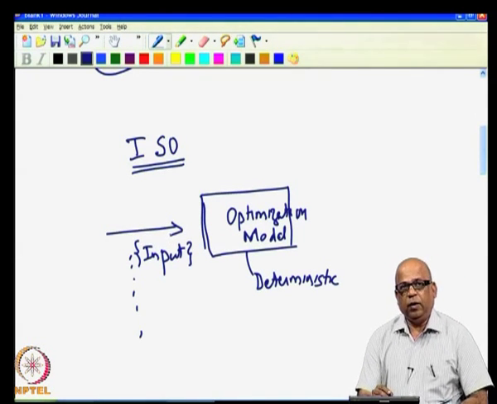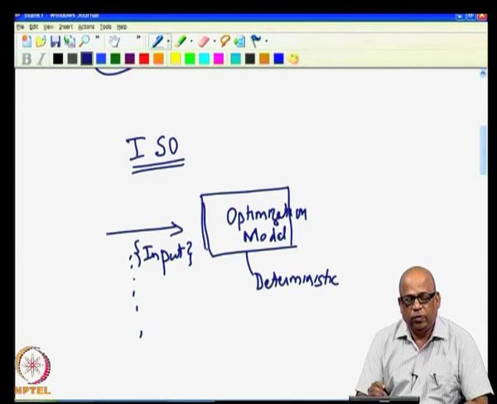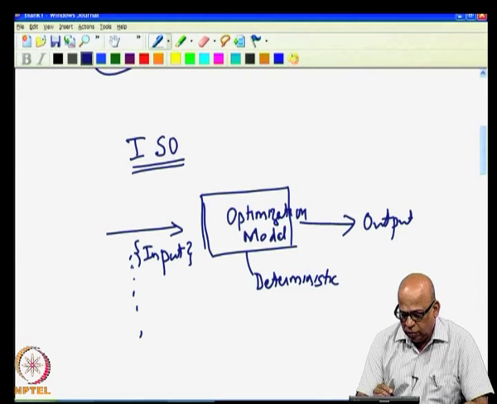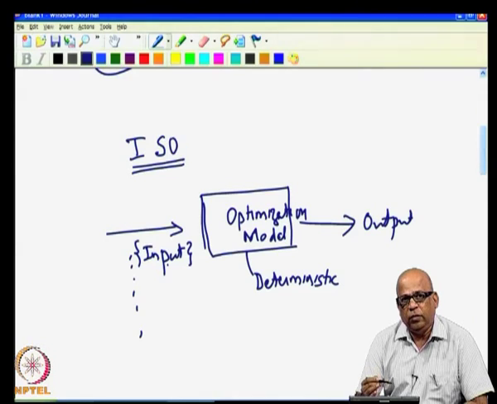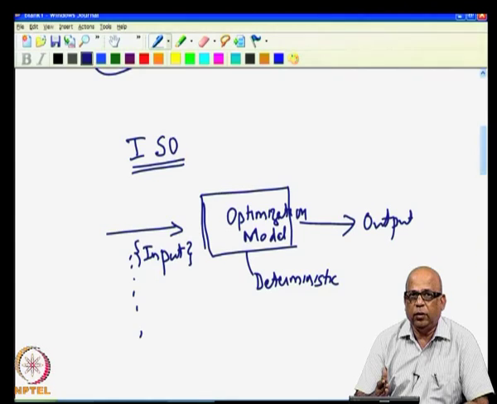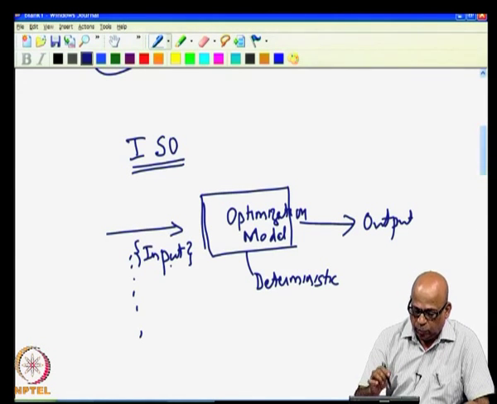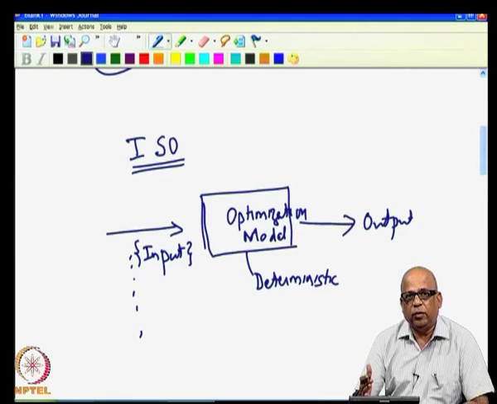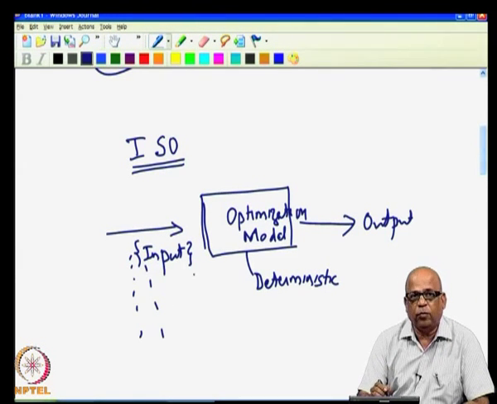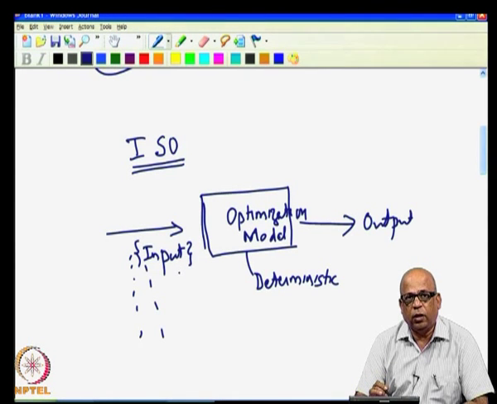That is, we take one inflow sequence, let us say you have 30 years of flows, and then you run this optimization model for that particular sequence, you get some output, and change the input sequence. How we generate several sequences of flows and so on is slightly beyond this particular lecture, but in subsequent classes I will discuss that also. So, there are ways of generating several sequences of inputs, inflows to the reservoir.